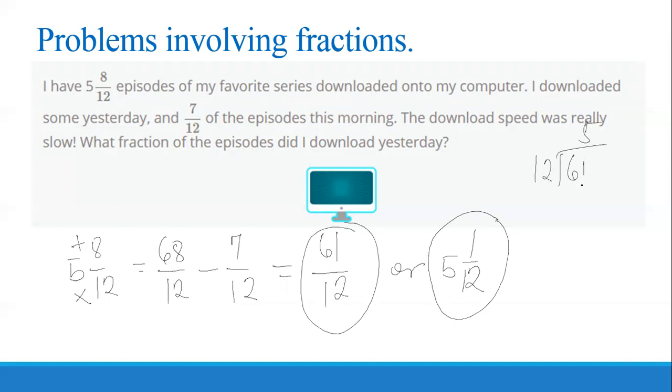And this is 60. 61 minus 60 is 1. So, we have a quotient of 5. So, yan ang magiging whole number with a remainder of 1. So, yung remainder ang naging numerator and the divisor is our denominator. So, this is the final answer. Alright?